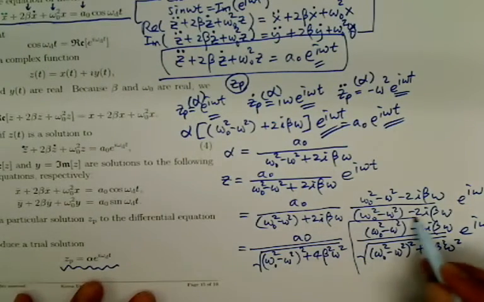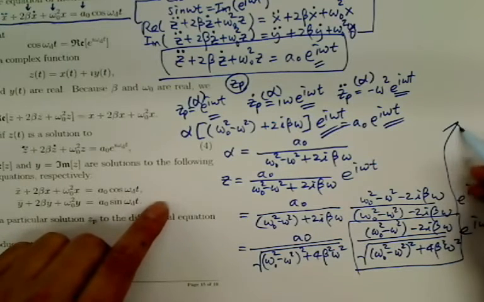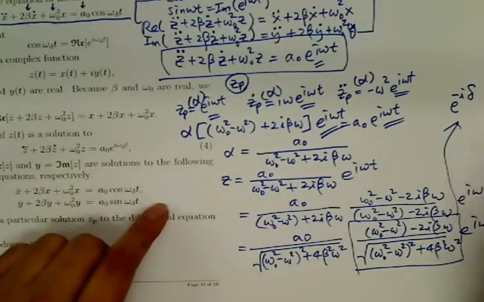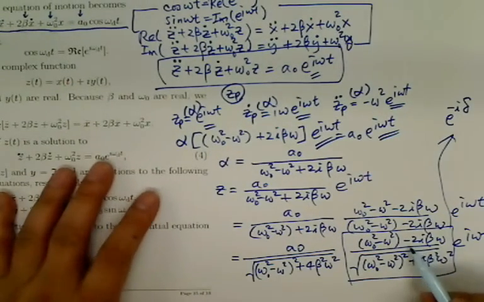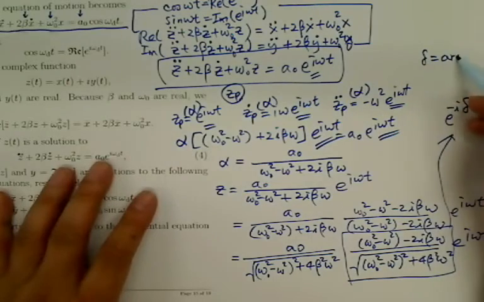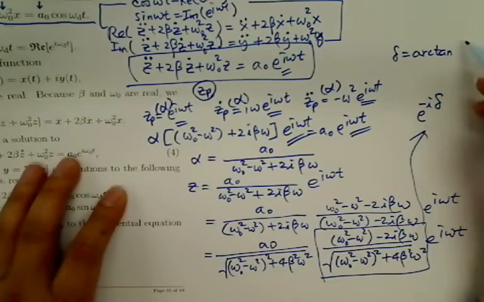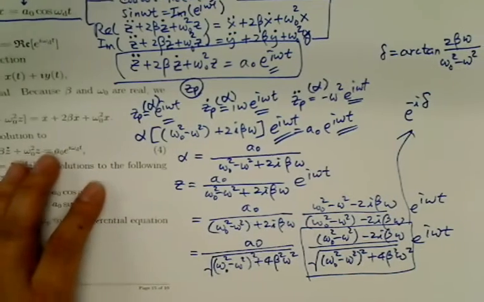This is a complex number whose absolute value is just 1. That means it can be written in an exponential form like that, because of this negative sign, and delta is an arctangent.